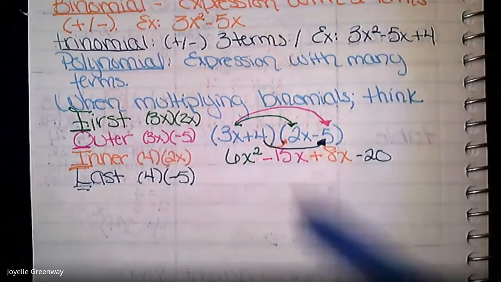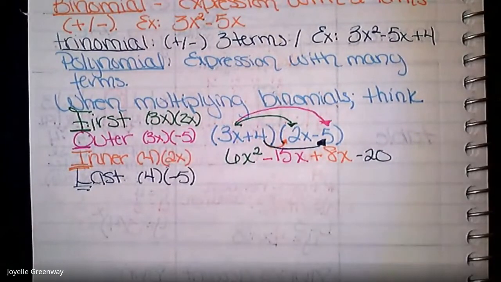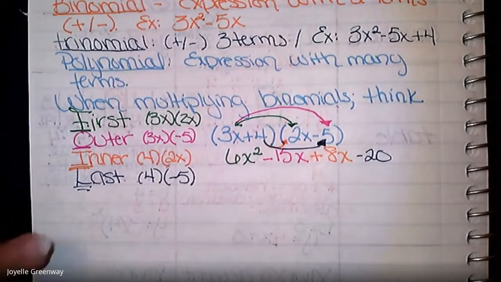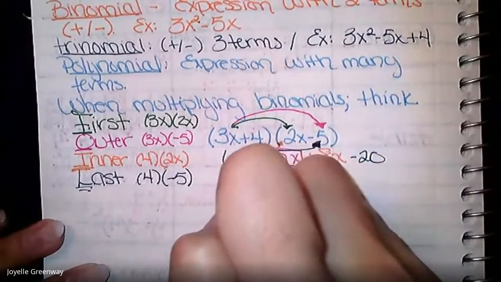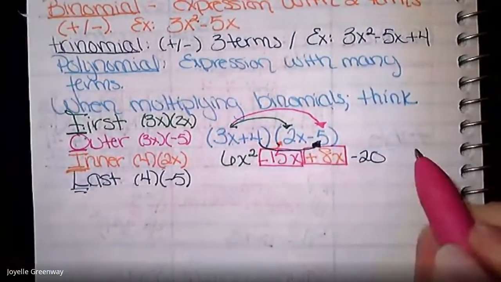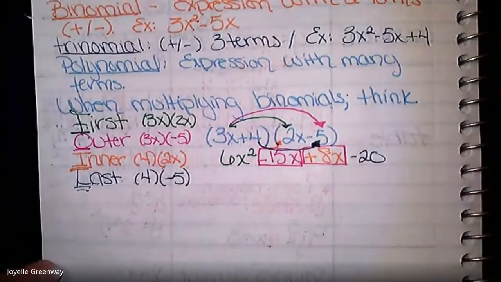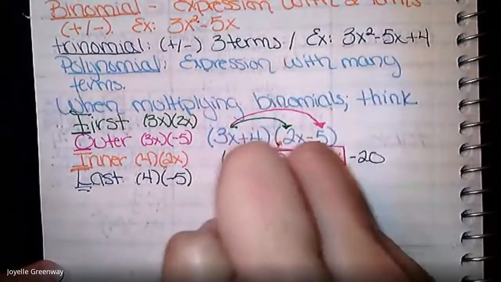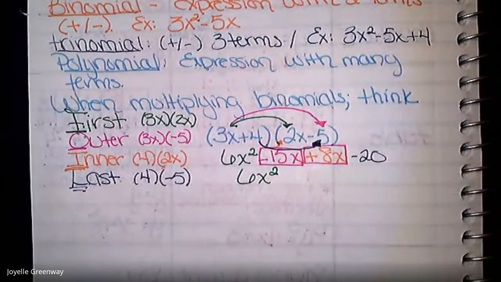Okay? Once you've done that, then you want to combine like terms. So now I can combine my negative 15x plus 8x. So my final simplified version is 6x squared.